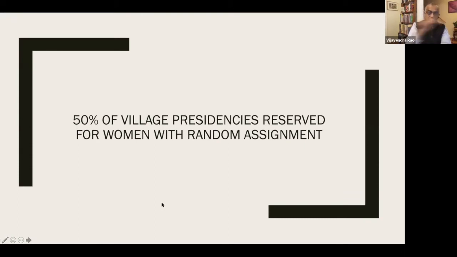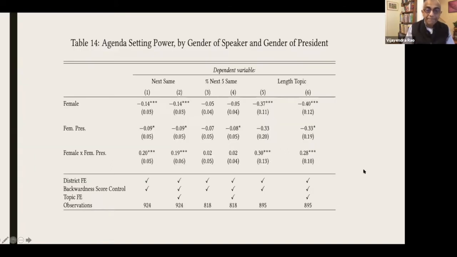Now, one of the interesting things about Indian villages, as I said, is that one third of all seats for village president are reserved for women. What is interesting about this is they are randomly assigned. So we have another nice RCT implicitly built into this that we're going to exploit. We're going to ask, what happens to women speakers when you have a woman in charge of the village?